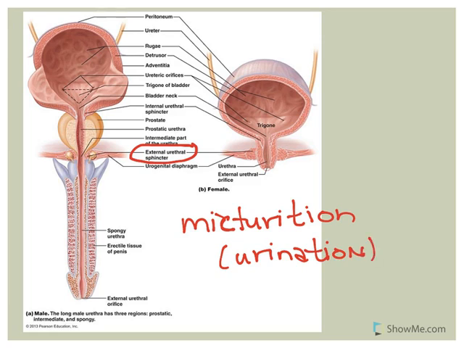So here's something to remember: the pudendal nerve is derived from S2, S3, and S4, which keep the poo and the pee off the floor. It's a way to remember the pudendal nerve and what it innervates, because the external urethral and anal sphincters are very involved in keeping the poop and the pee off the floor. That's a mnemonic that some people learn to try to remember, and it works for me.